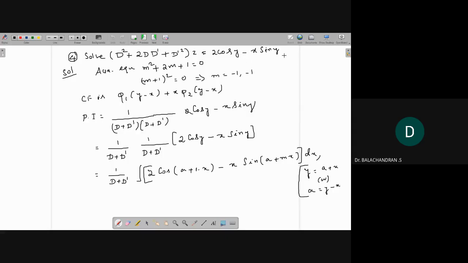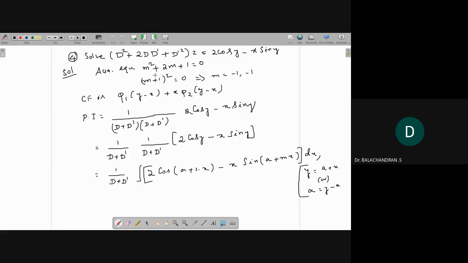Type 4 should contain exponential. Type 6, both of them are sine or both of them are cos. So that's why it comes under type number 5. In the last class itself, I solved one problem in type 5. Type 5 is a little bit different, so I want to solve at least 1 or 2 more problems. Then only you can understand the concept.